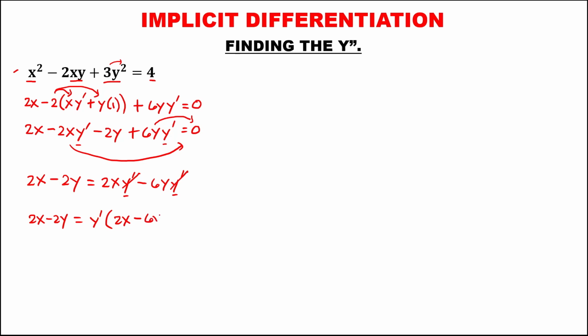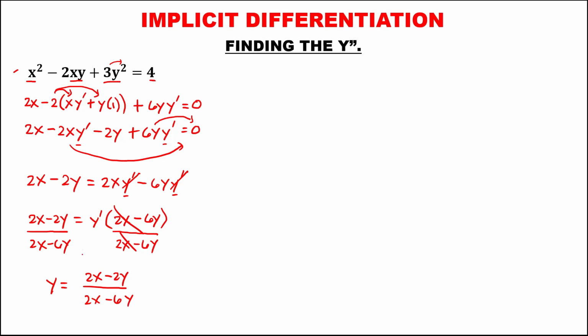So we have now 2x minus 2y equals, put the y prime outside, so the remaining is 2x minus the remaining, that's 6y. Then to solve for y prime, or the first derivative, divide every term by this 2x minus 6y. So cancel. Therefore, the first derivative is equal to 2x minus 2y over 2x minus 6y.